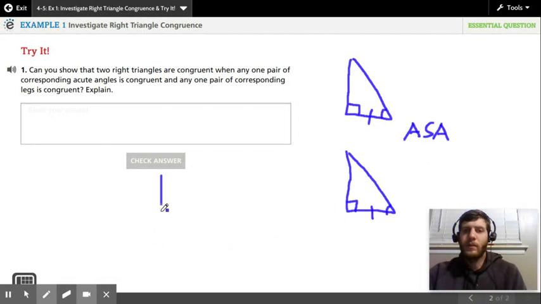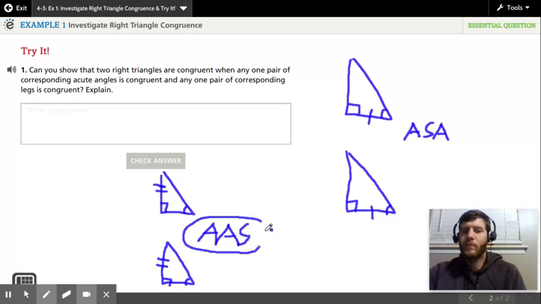If we pick the other pair, if we had two right triangles here, and again we had our one pair of angles, and we pick the other pair of legs over here, these two triangles would be congruent by angle, angle, side. So this is going to be yes.